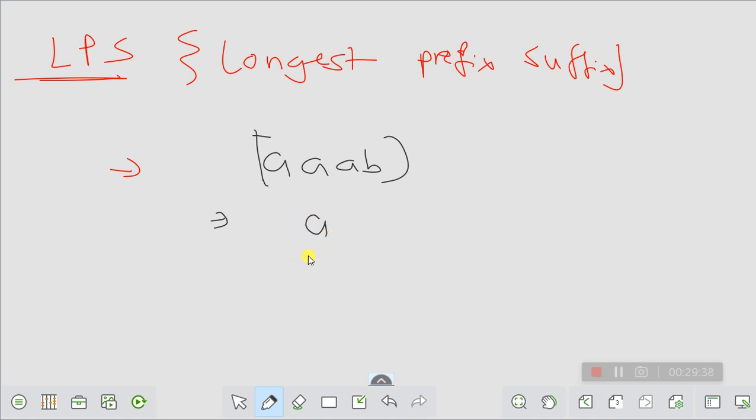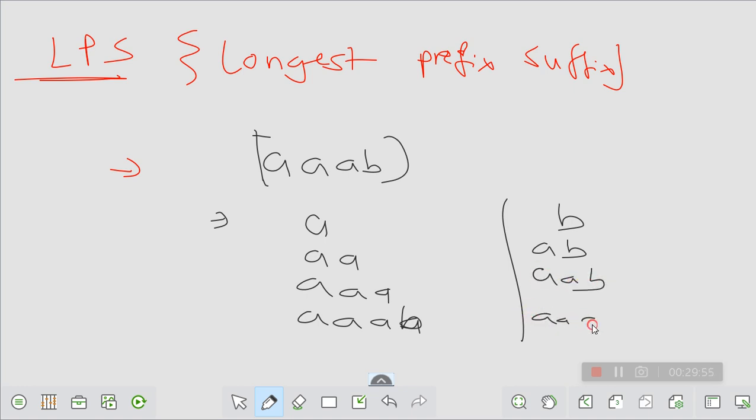A is the first prefix, AA is the second, AAA is the third, and AAAB is the fourth prefix. Now let me write the suffixes as well. So B is one, AB is one, then AAB and AAAB. So these are the prefixes and suffixes.